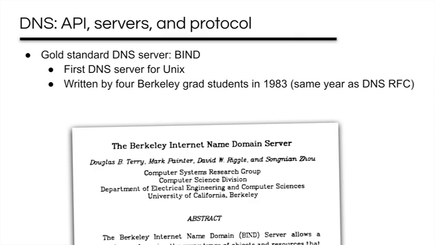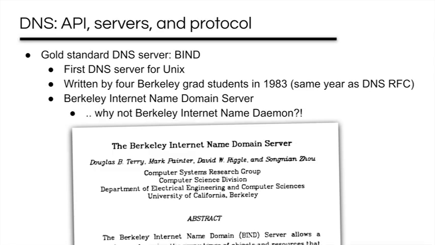There's a paper from back then by its original authors about BIND. It stands for Berkeley Internet Name Domain Server. I always thought this was a super awkward name. Why not call it Berkeley Internet Name Daemon?